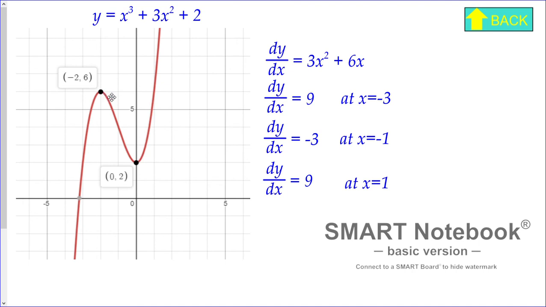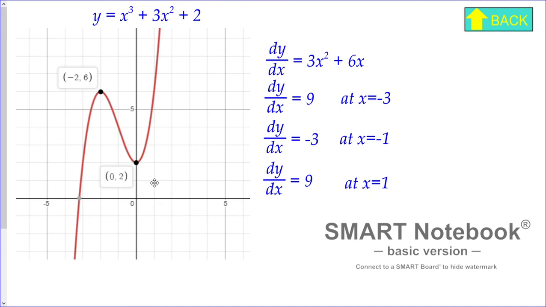Then just after the stationary point, I'm going to substitute the value of x equals minus 1 to see what the gradient gives me there. I will get a value of minus 3. That's a negative gradient. So I'm going from a positive gradient to a negative gradient. The only way that can happen is if I have a maximum point. So this one is a maximum point.